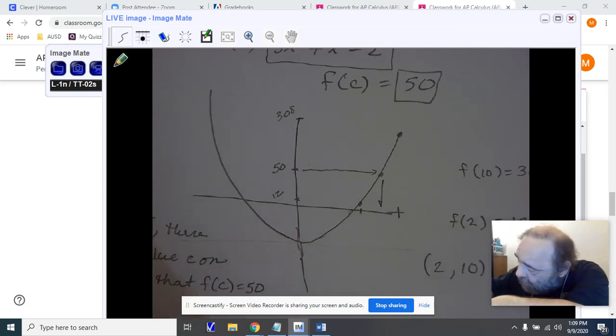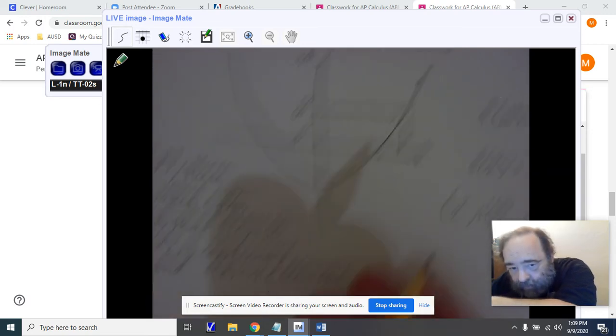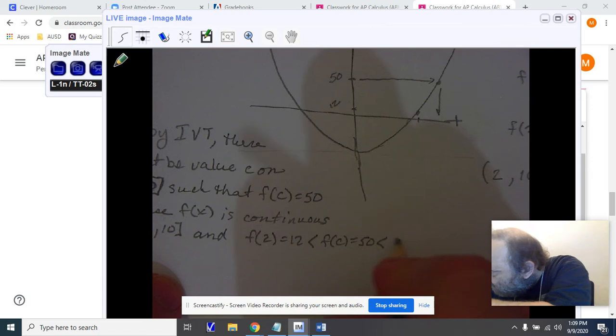This is because f of x is continuous on 2 to 10, and f of 2 equals 12 is less than f of c equaling 50, which is less than f of 10 equals 308.